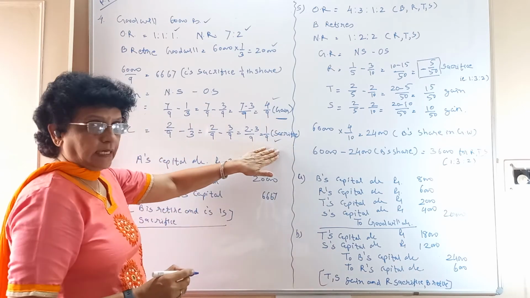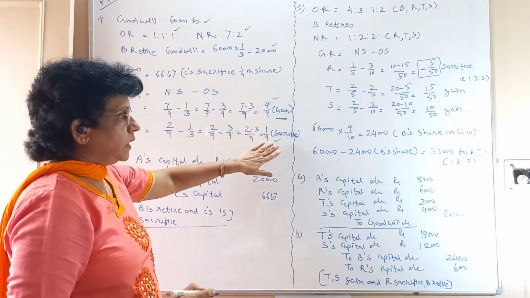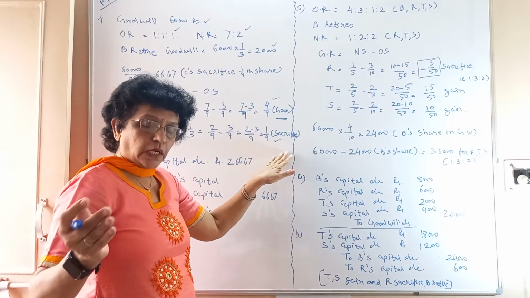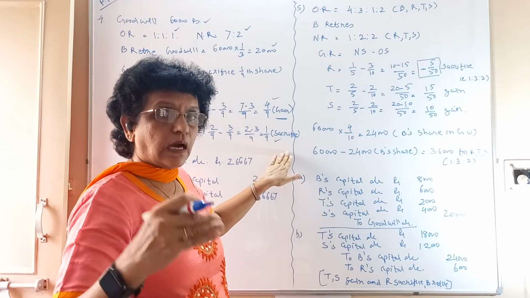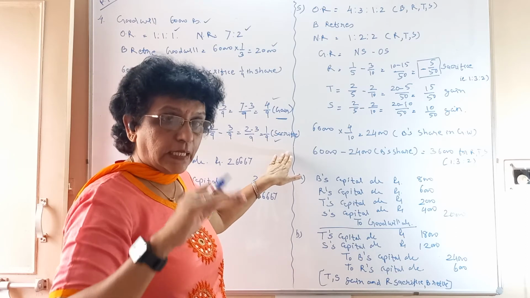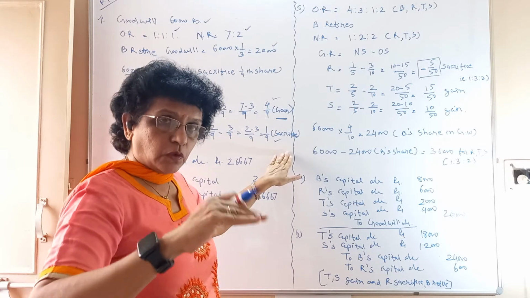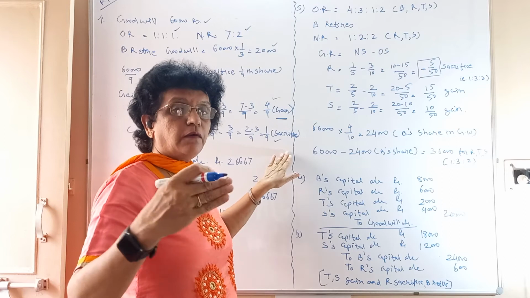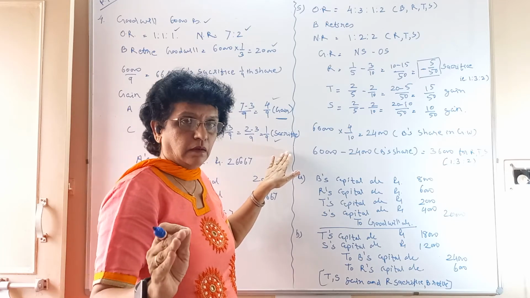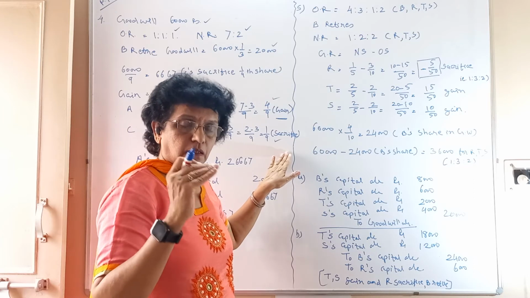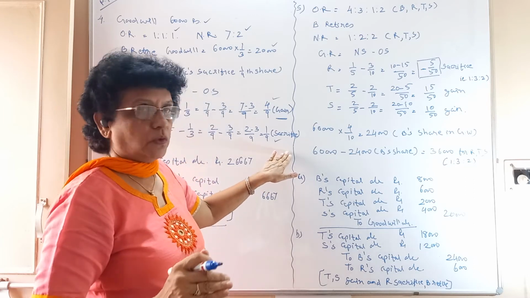So in this case, one is gaining, one is sacrificing. Because of the retirement of a partner, one partner is now sacrificing, so he is also losing. So goodwill to him also you have to give, the way you are giving to the retiring partner. So the sacrificing partner is also supposed to get the goodwill.